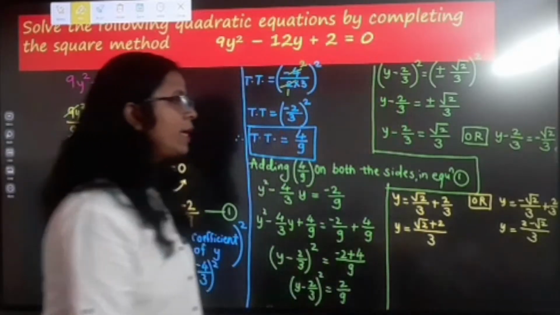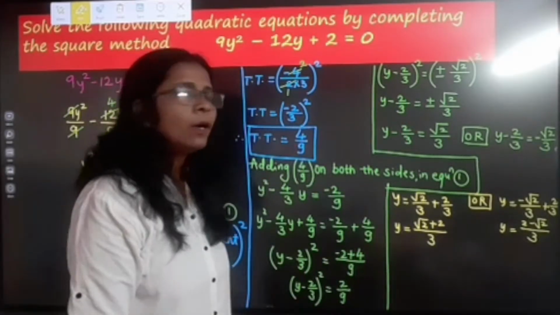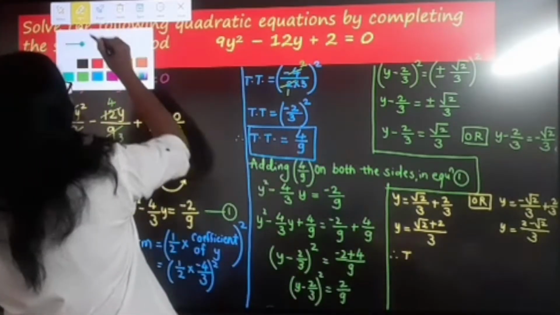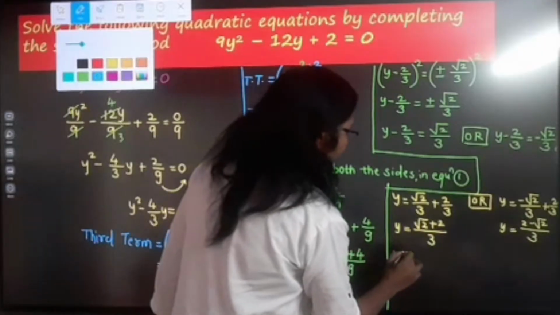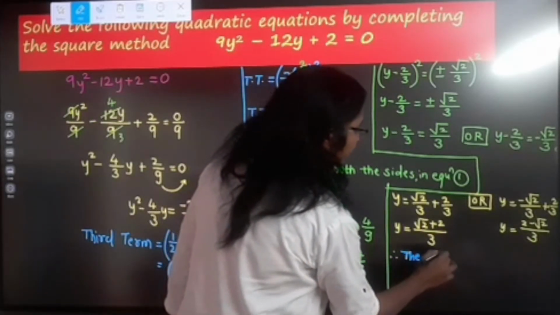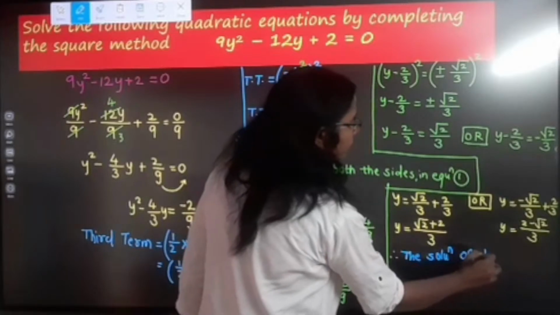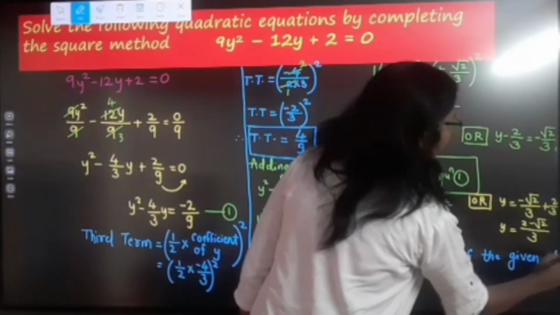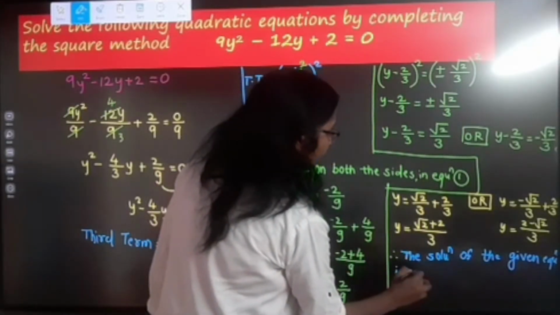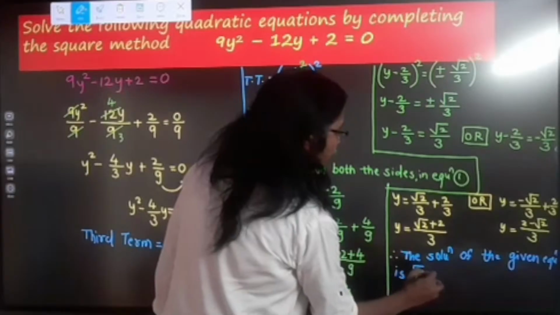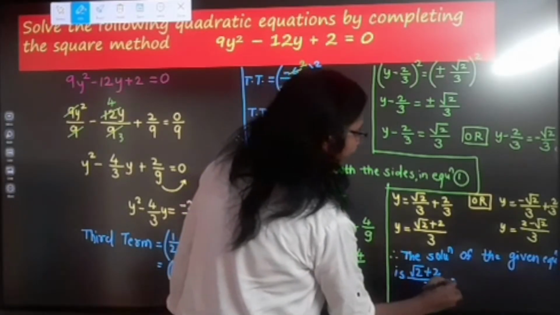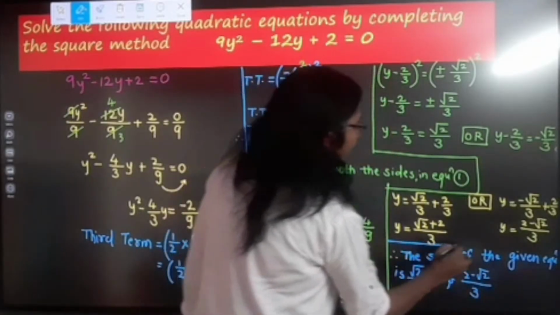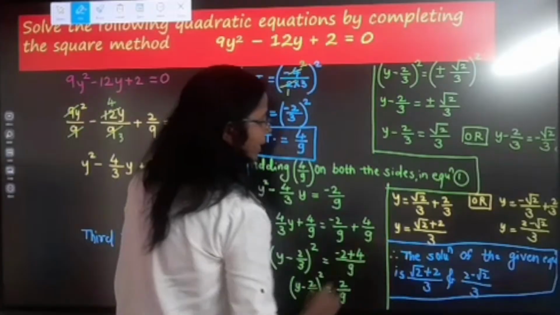Okay students, now we have the two values. So we write down the solution of the given equation is root 2 plus 2 upon 3 and 2 minus root 2 upon 3. Okay students, these are our final answer.